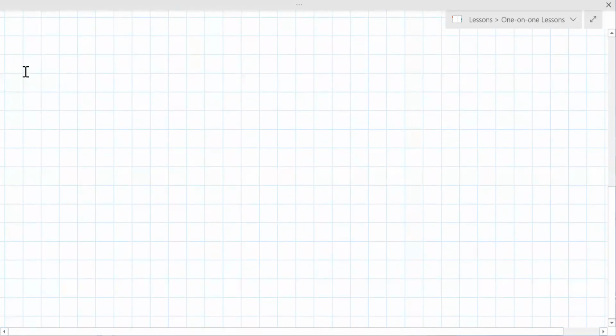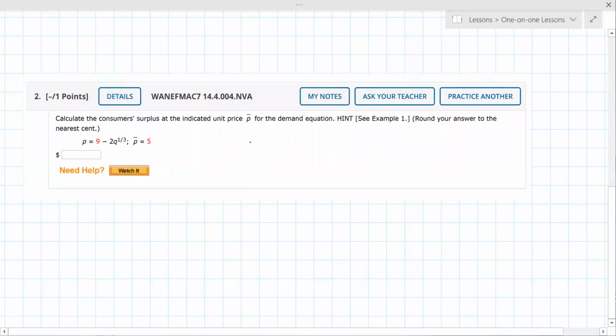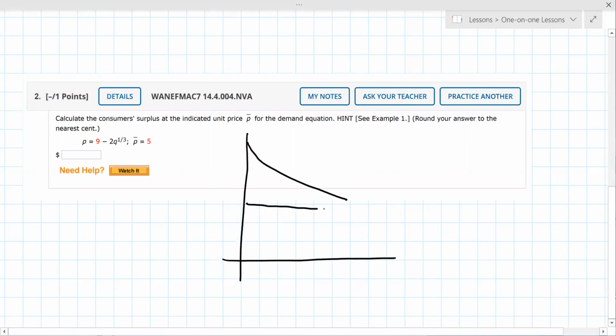The shape of the curve really doesn't matter, but almost all of these are something that's going down and to the right. And this P is really a Y value, so it hits it somewhere. And we're just finding this area right here. We still have to find this Q. So this Q comes from finding the intersection of 5 equals 9 minus 2Q to the 1/3.